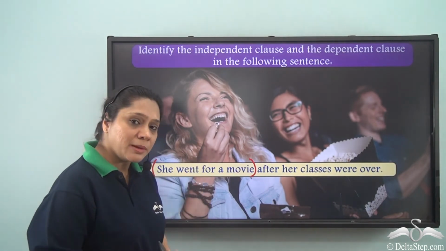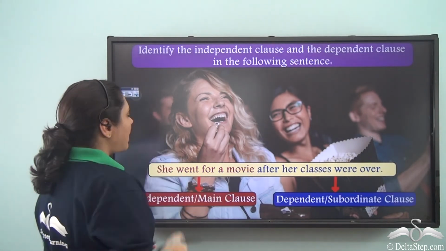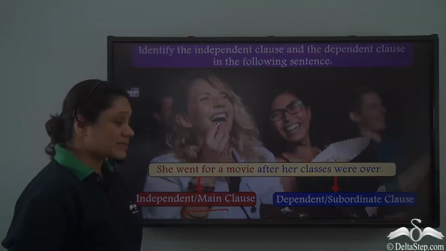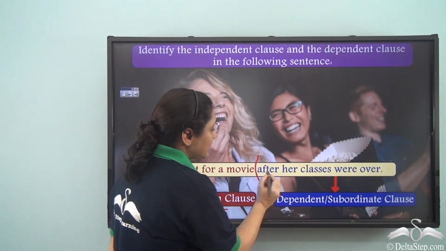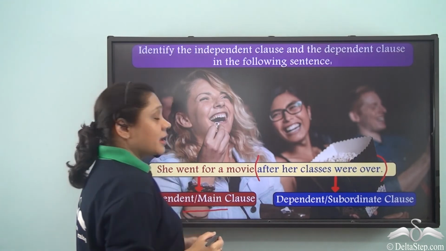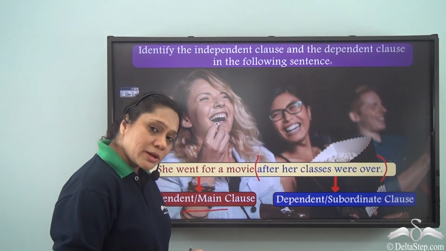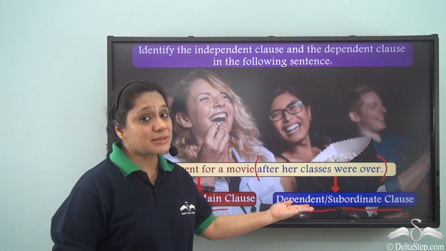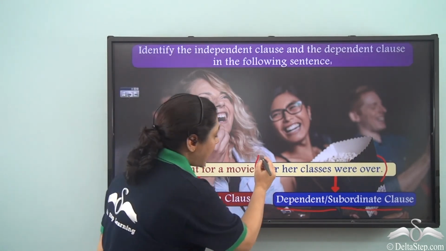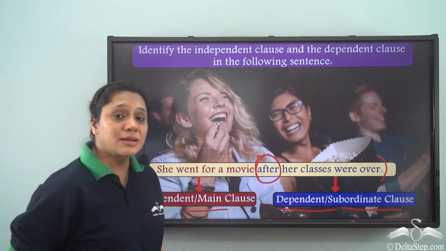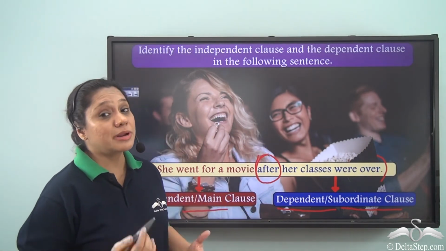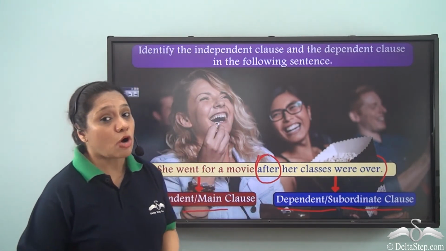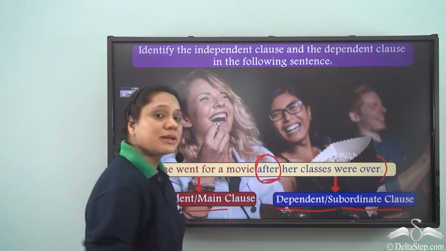She went for a movie. So this part of the sentence is an independent or a main clause. And after her classes were over does not make complete sense on its own. You will notice that this clause or the subordinate clause is starting with the subordinating conjunction after. So remember that every time there is a subordinate clause, it will always start with a subordinating conjunction.